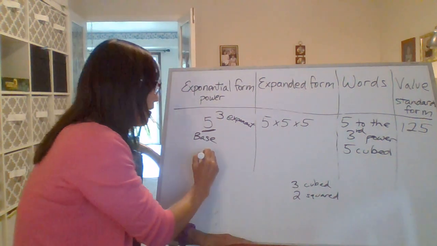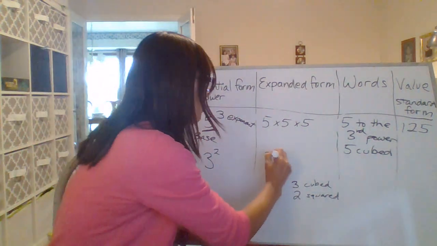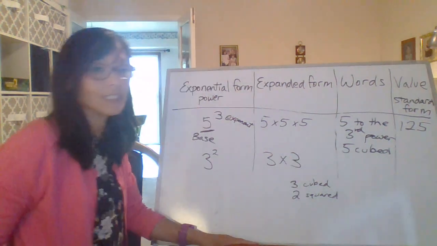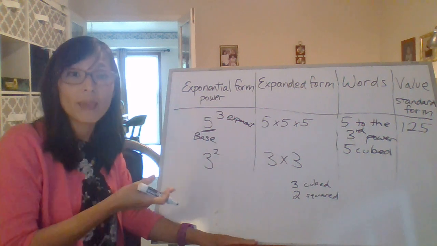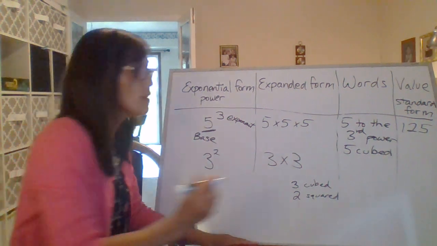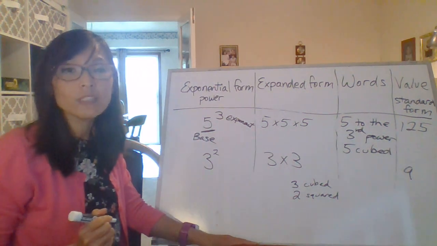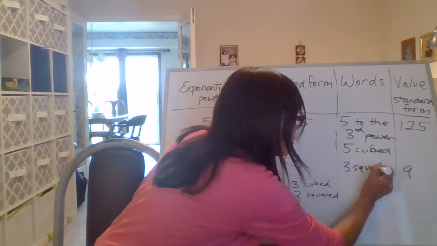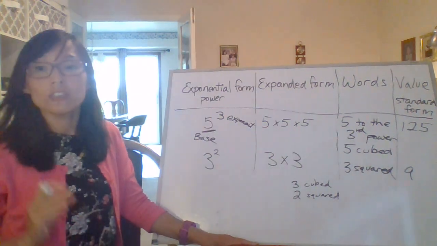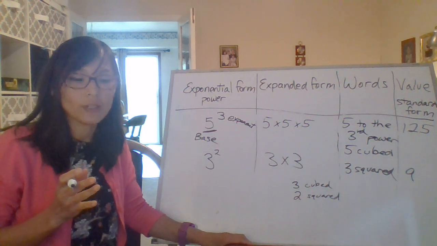So if I have 3 to the 2nd power, that would be the same as saying 3 times 3, that's expanded form. It's all about that base, so we only say the base. 3 times 3 is 9. That gives us our value. And then if we were going to say it in words, we would say 3 squared, because the 2 as an exponent is a special exponent.